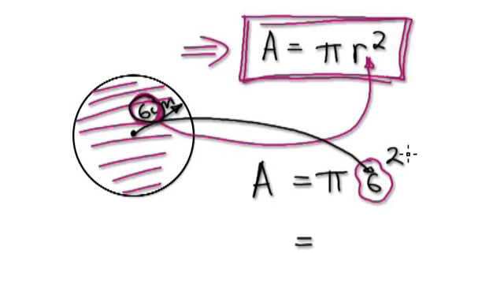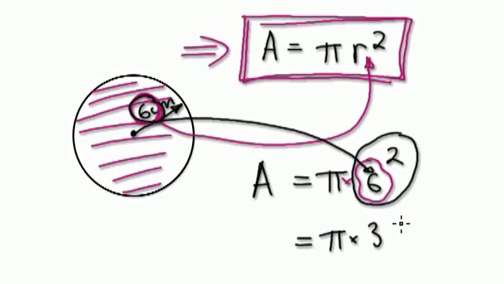Remember, powers are more important than this multiply here. So you've got to do this thing first, and then you can square it, because powers are more important. So 6 times 6 is 36. So it's pi times 36, because this bit here is basically 6 squared.